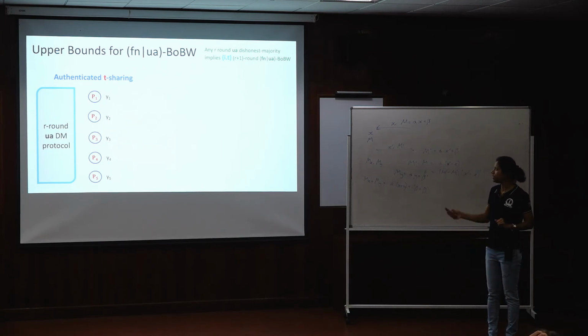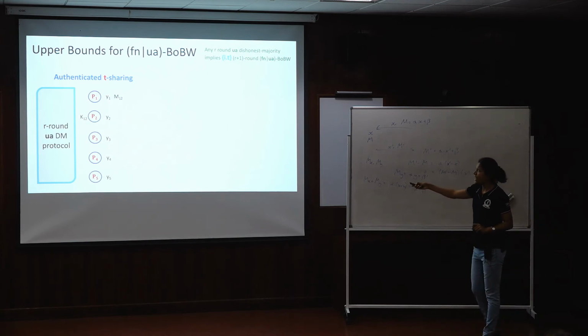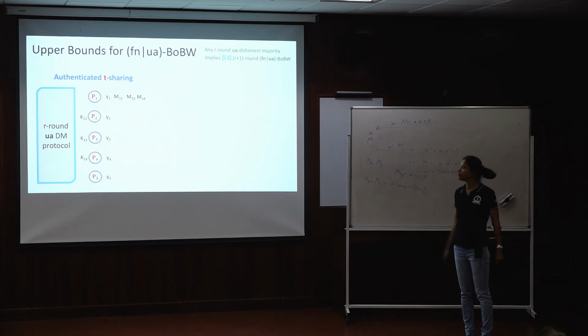Now this is plain secret sharing, and by authenticated I mean the following: every share is authenticated using a MAC with respect to every other party. Look at the first share y1. P1 holds a MAC with respect to a key held by party P2. It has another MAC with respect to party P3, another one with respect to P4, and so on.